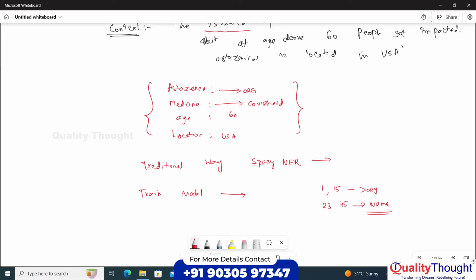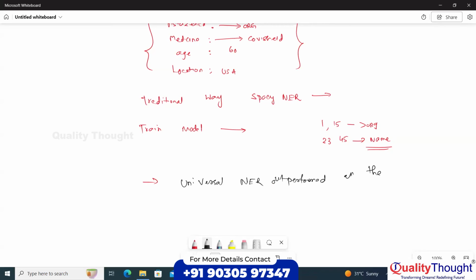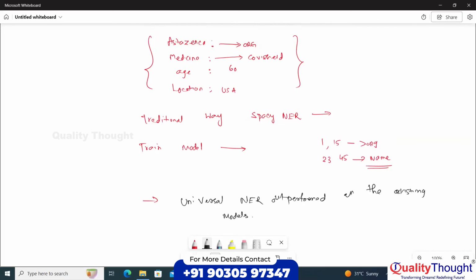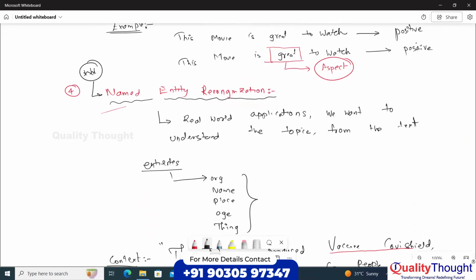Thanks to transformers, you don't need to do anything now. The best model so far is Universal NER, covering all the existing models. Is NER clear?